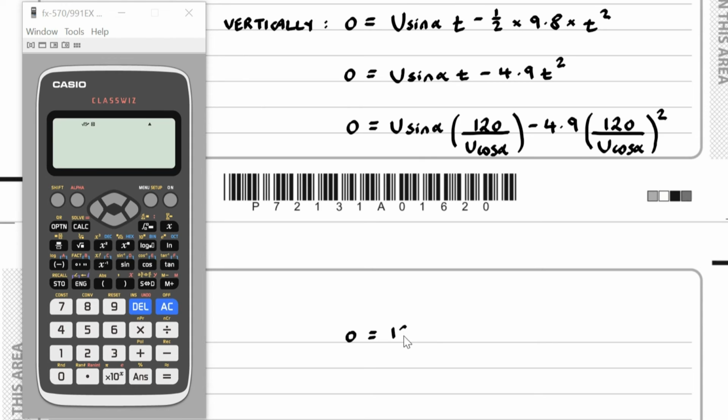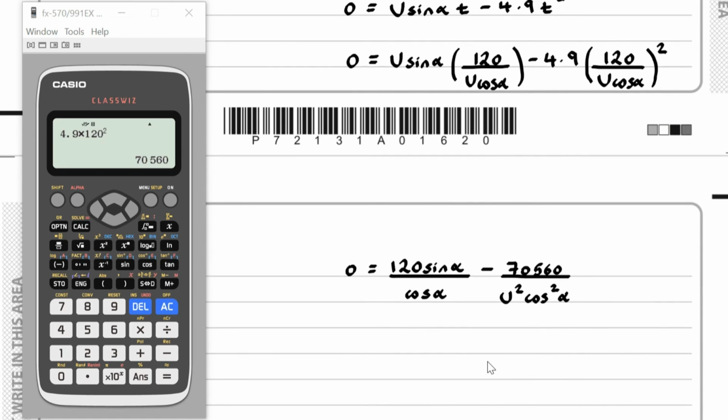So we have 120 sine alpha over cos alpha minus, now here we've got 4.9 times 120 squared, so that is 70,560 divided by u squared cos squared alpha.